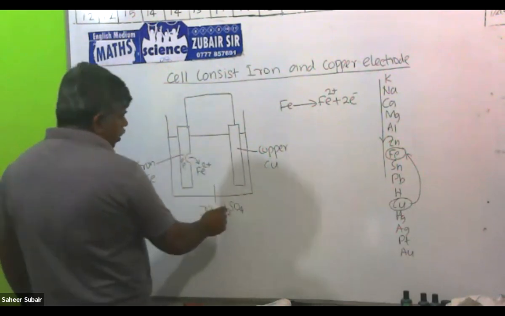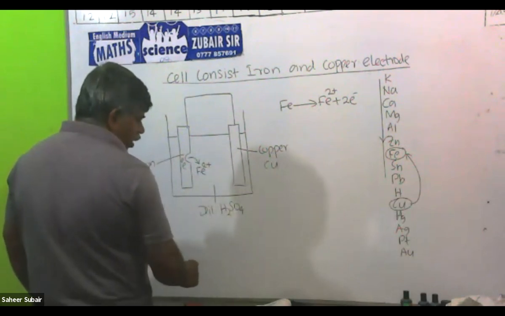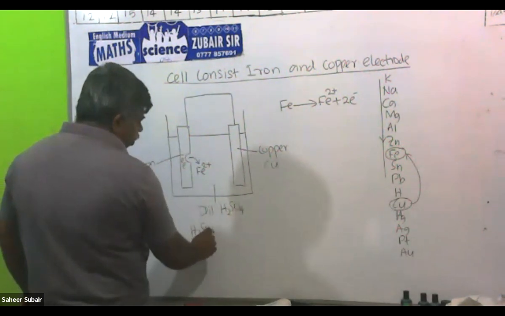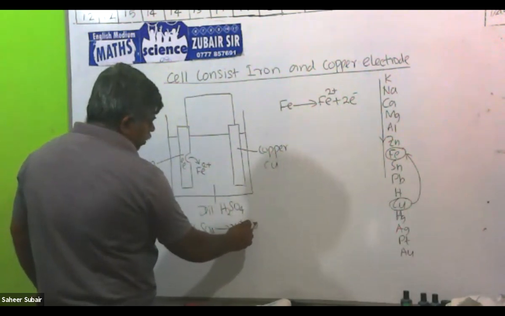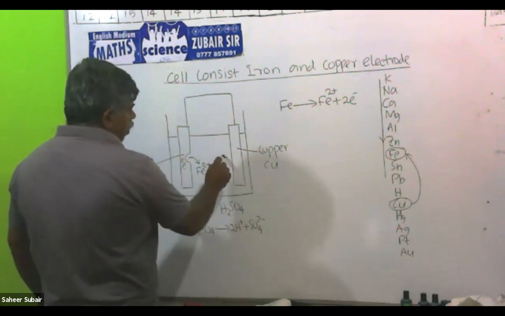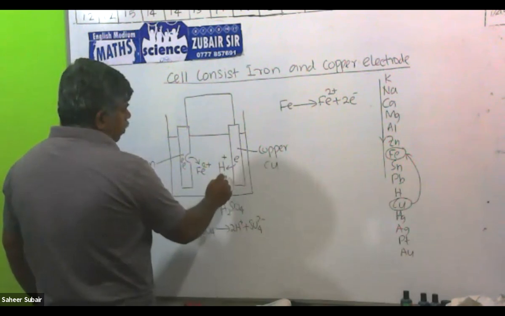Then the diluted sulfuric acid we have studied breaks into 2. How does it break into 2? H2SO4 breaks into 2H+ and SO4 2-. Then there are H+ ions. That H+ accepts the electron from the copper.